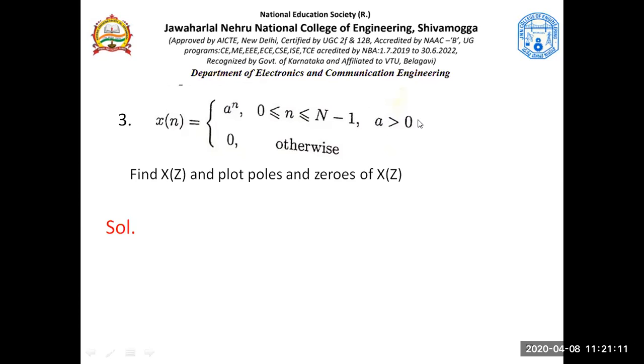Till now, in the problems that we have seen, no comment was given on the magnitude of a, whether it is less than 0 or greater than 0. But in this problem, they are very particular about the magnitude of a, and they clearly say that it is greater than 0. Understand that?